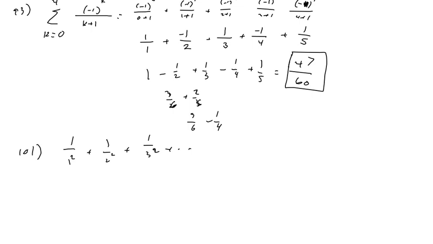Oh, I'm sorry, it's plus minus, so it's going to be minus here, then plus, then minus, dot dot dot. They end on minus, this is 1 over 4 squared plus dot dot dot minus 1 over 20 squared.